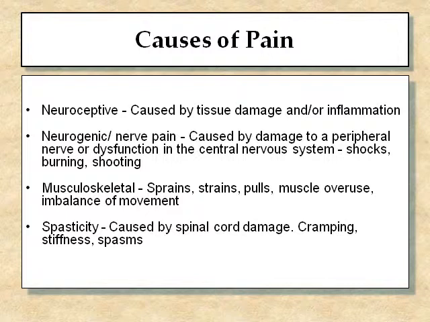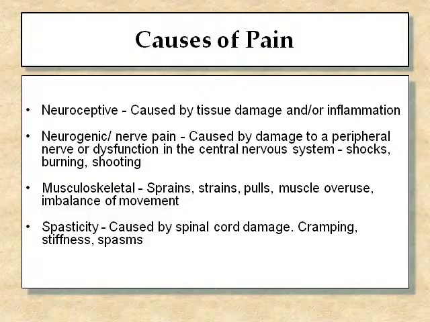There is musculoskeletal pain, which can result from sprains, strains, pulls, muscle overuse, and this happens when people may be compensating for a lack of balance, or one leg that doesn't work as well as the other, or walking with mobility aids and not using them in the best way, and this overuse can cause this pain.